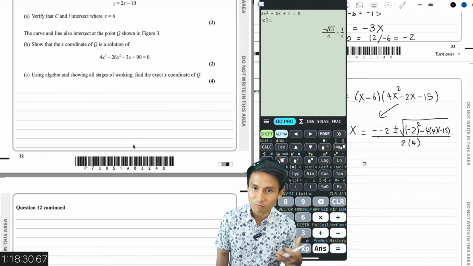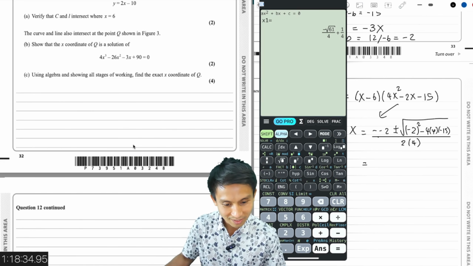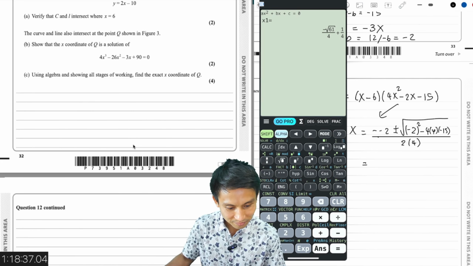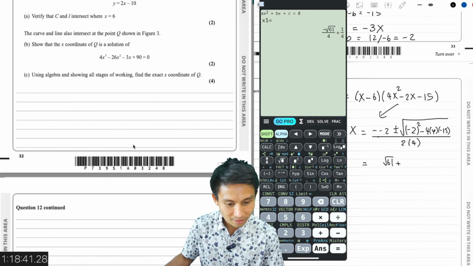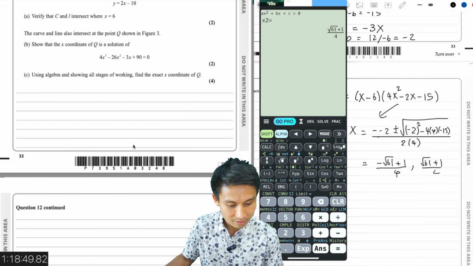We just pretend that we tried to work on that using the formula, but actually we just use this. So that's, I guess, root 61 plus 1 over 4. That's a minus. What's the other one? A plus, right? And a plus like that. Let me check.